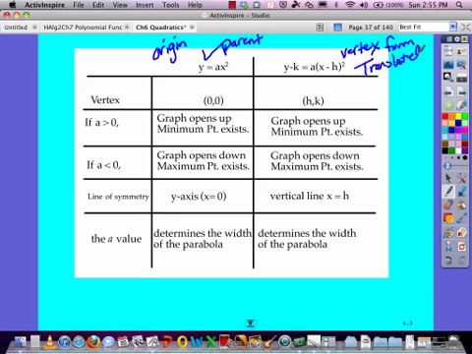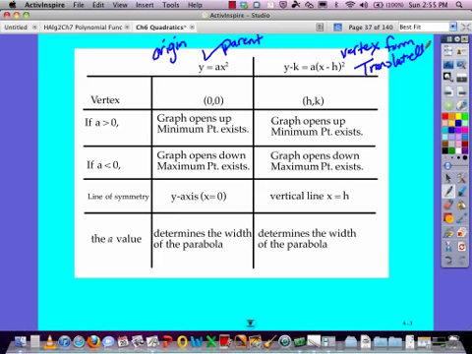These are characteristics you should be able to show. The vertex originally was 0, 0. When we move it h, k units, it becomes that h, k. Very easy to see. If a was greater than 0 to begin with, the graph opens up and has a minimum point.